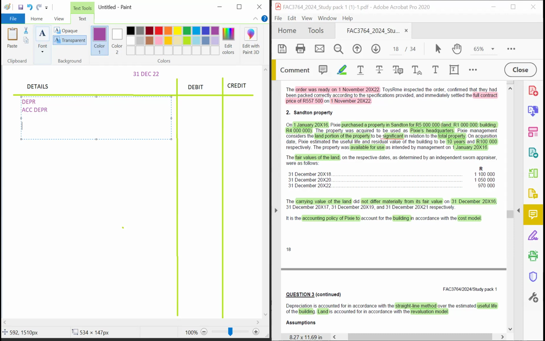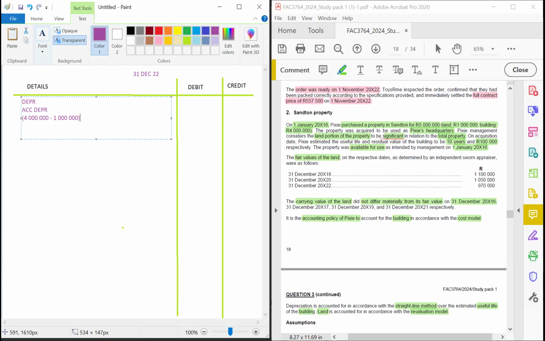So now what I am going to do is take the cost of the building and reduce it by the residual value. Now, what I'm going to get is my depreciable amount.